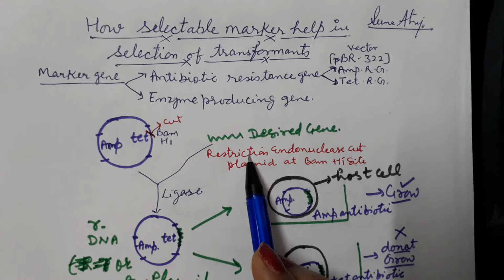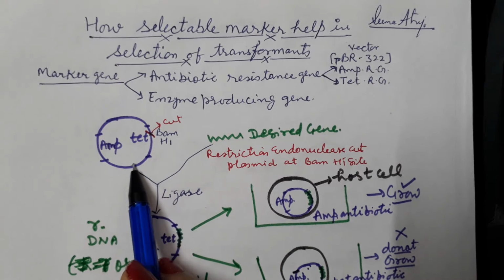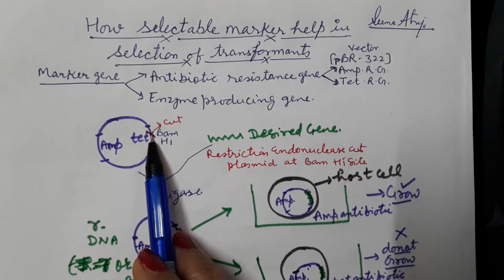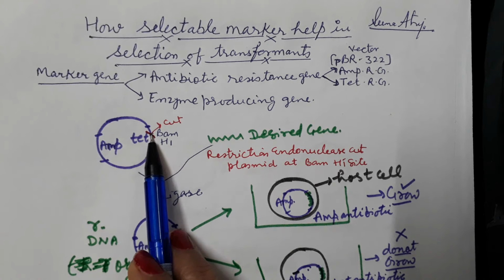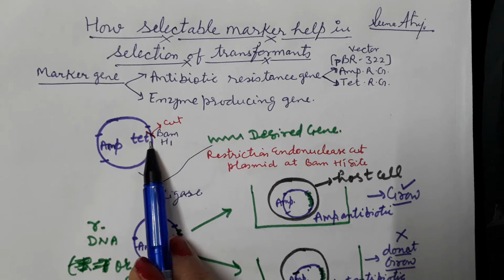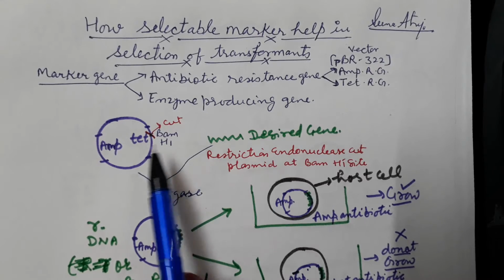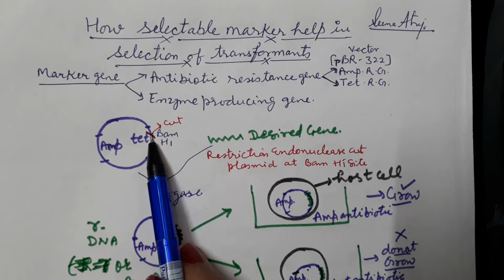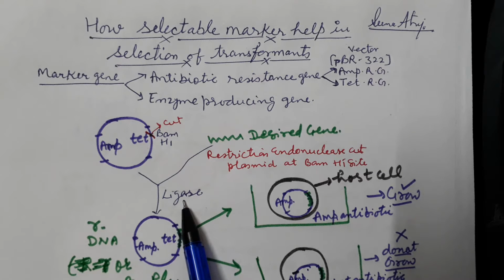First of all, the restriction endonuclease enzyme cuts this vector at a specific site, the BamHI site. It recognizes the specific sequence to cut on the vector, and that sequence is present at the BamHI site of the tetracycline resistance gene. After cutting this, ligase works here.